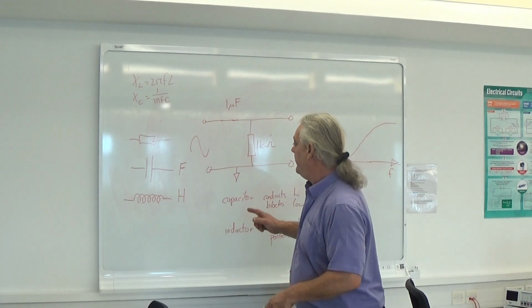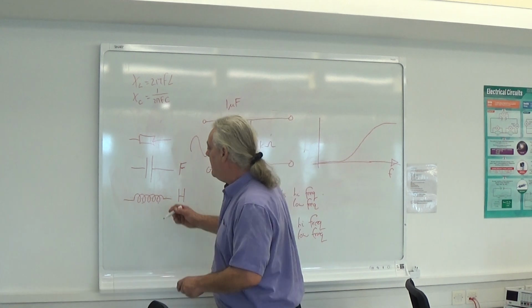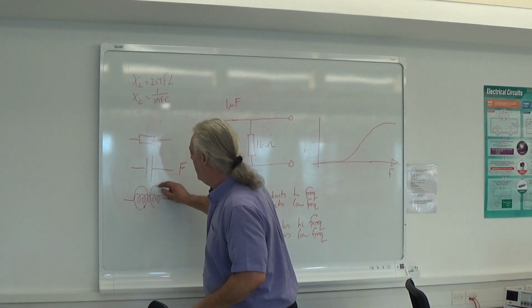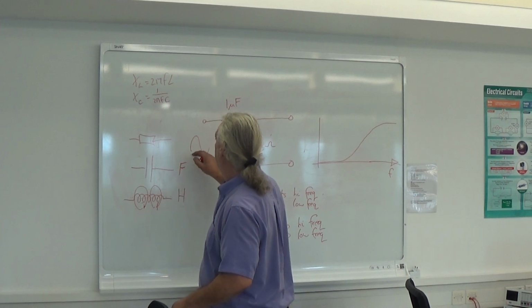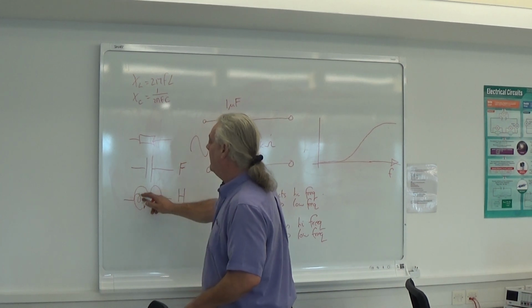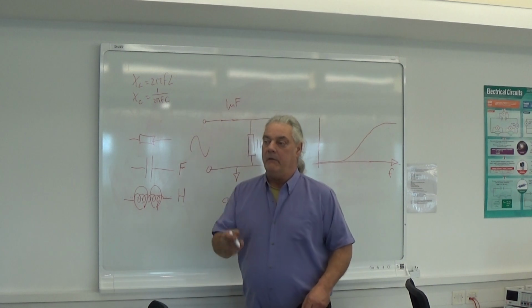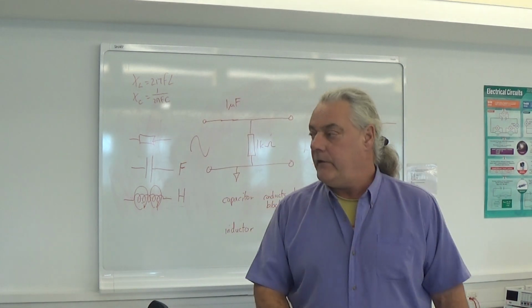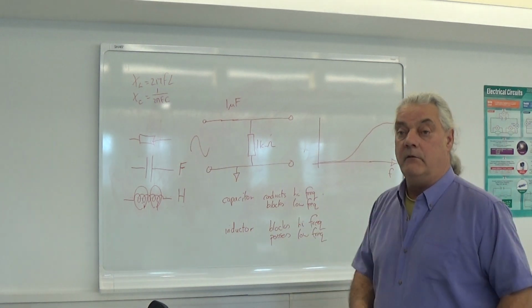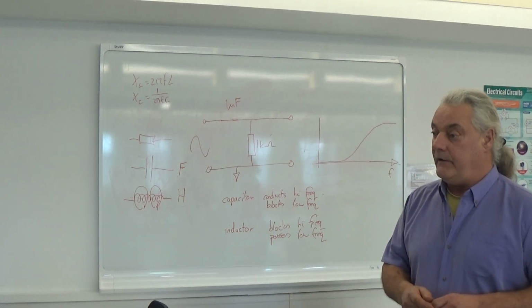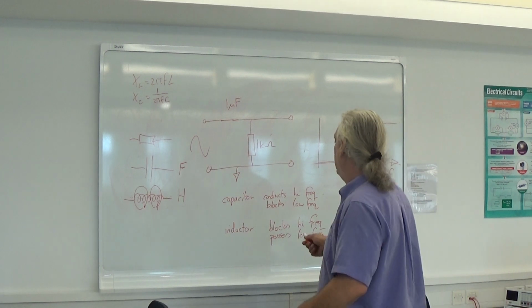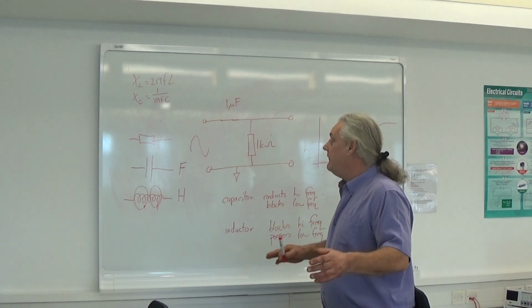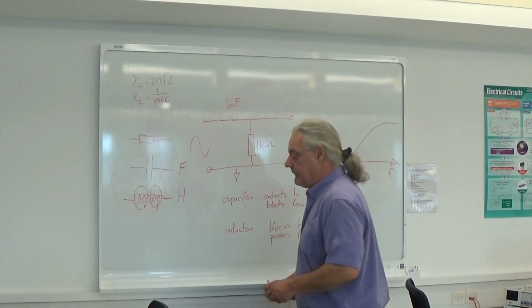So what we're doing is we're creating a magnetic field each time the sine wave goes plus or minus. We get this magnetic field being formed around that coil. And the faster it goes, the more difficult it is to generate that magnetic field, so the more it blocks the high frequency. Okay, see how all these things start to fit together.